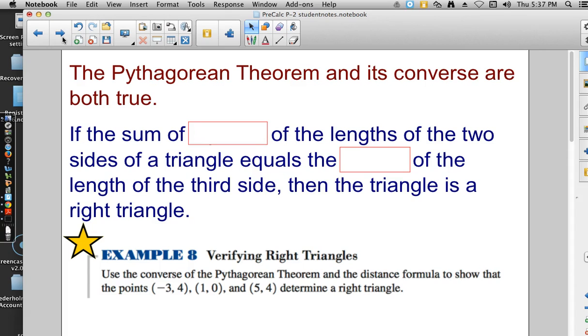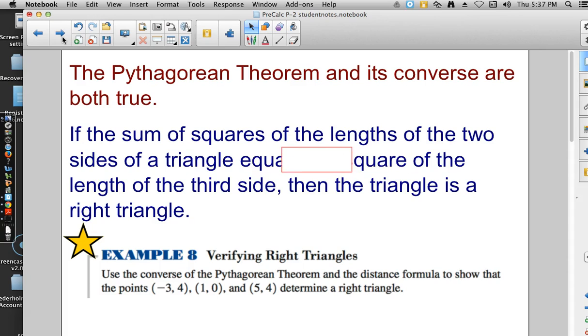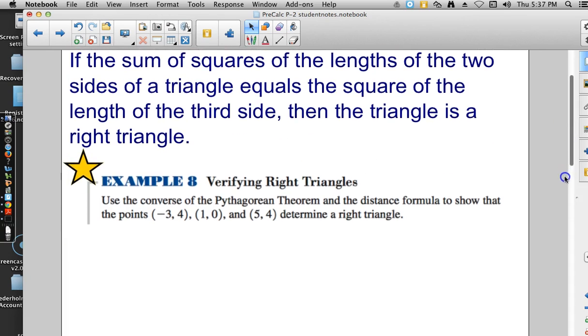So it works forwards and backwards. If the sum of squares of the lengths of two sides of a triangle equals the square of the length of the third side, then the triangle is a right triangle. And I know it says third side, but we know that's called the hypotenuse.